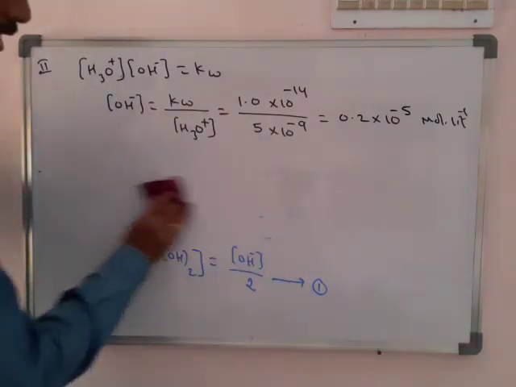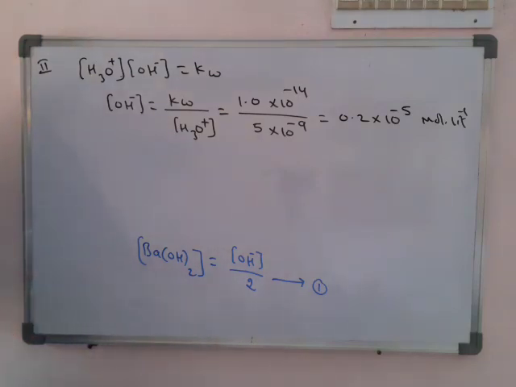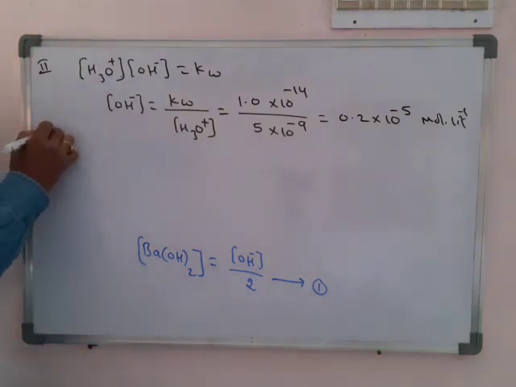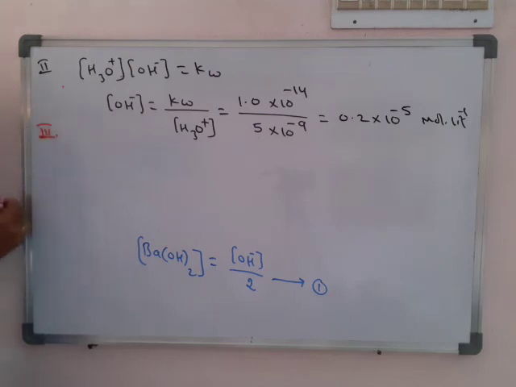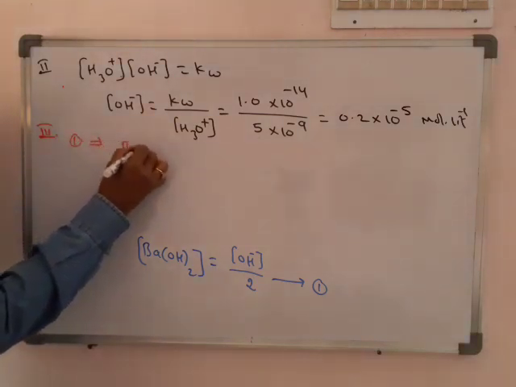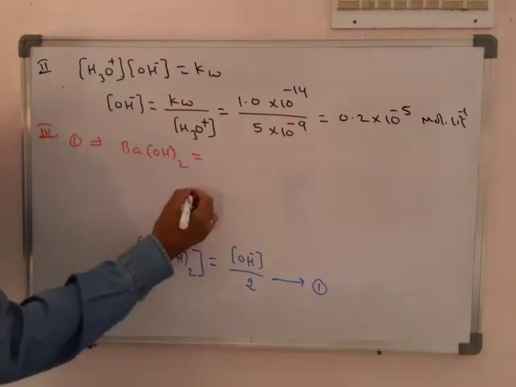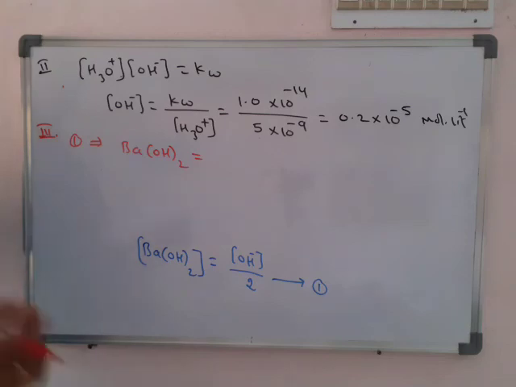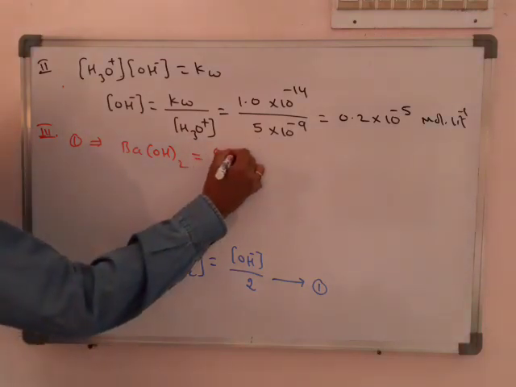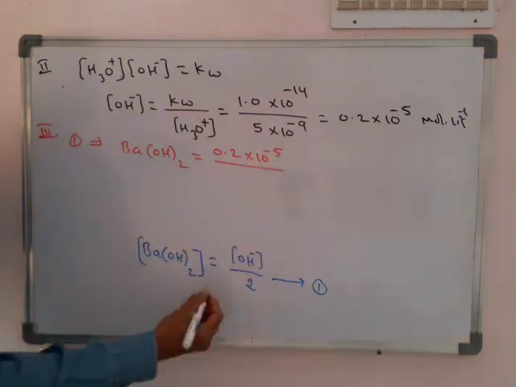Now substitute in equation 1 to know the barium hydroxide concentration. So just take it as step 3. So barium hydroxide concentration is OH minus, 0.2 into 10 to the power of minus 5 moles per liter, divided by 2.